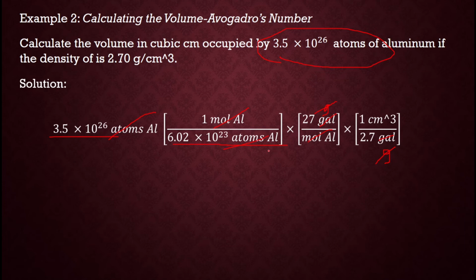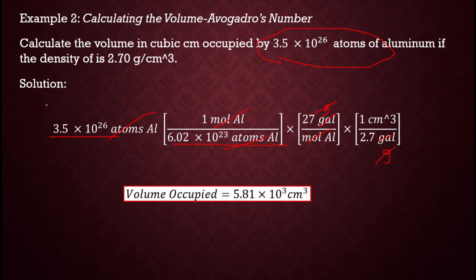Next, to find the volume, calculate this in your calculator, and we obtain the volume occupied, equal to 5.81 times 10 to the power 3 cubic centimeters. That is the final answer.